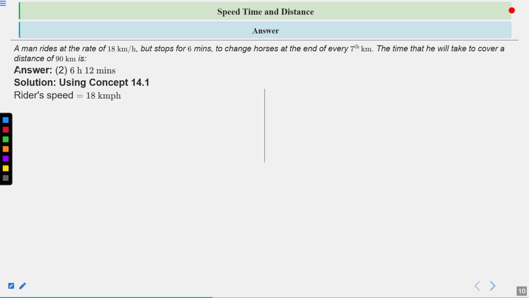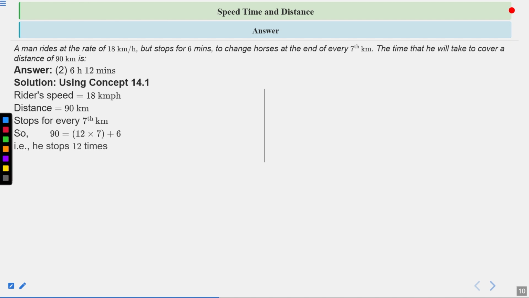So we can say that the rider's speed is 18 km per hour and the distance given is 90 km. So there is a stop at every 7th kilometer, so we can calculate the distance. First we multiply 12 into 7 plus 6, that equals 90. 12 into 7 is 84, plus 6.